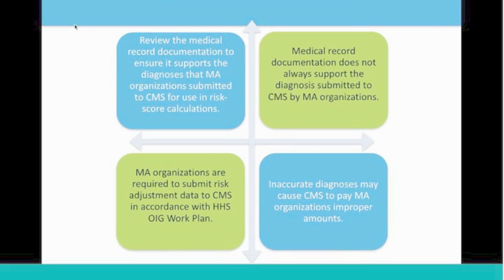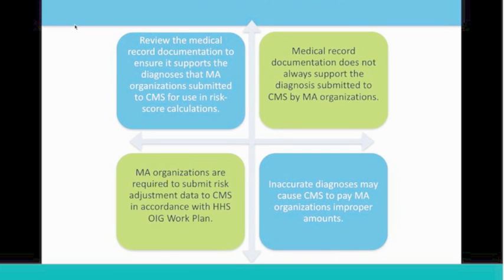As part of the 2016 OIG work plan, the OIG said that they were going to review medical record documentation to ensure that it supports diagnoses that were submitted by Medicare Advantage organizations for use in risk score calculations. Prior OIG reviews have shown that the medical record documentation does not always support the diagnoses submitted to CMS by the Medicare Advantage organizations.